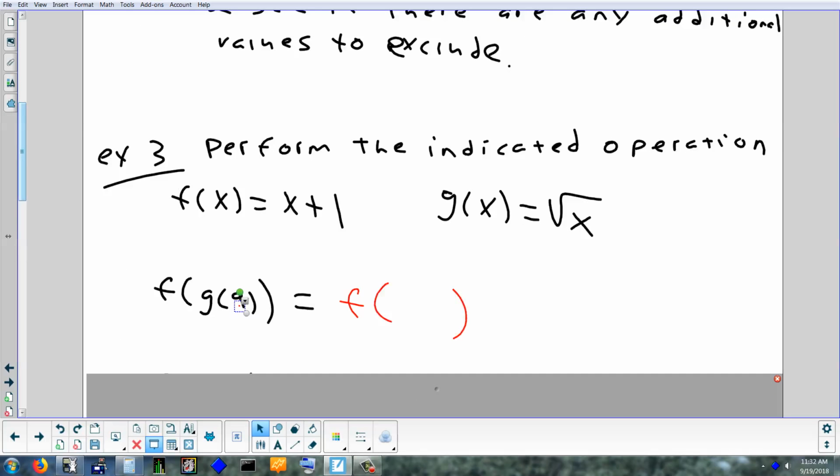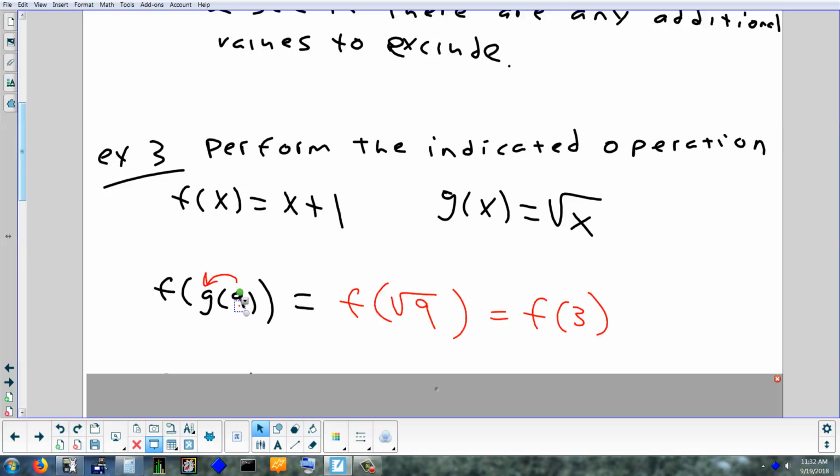So let's do that. If you plug 9 into g, you get the square root of 9. And now we need to simplify that. What's the square root of 9? 3. So now, what number are we going to plug into function f? 3. So it's kind of like a chain.